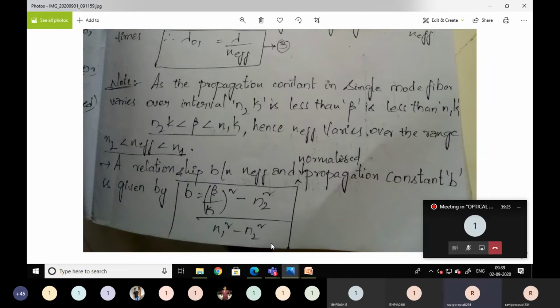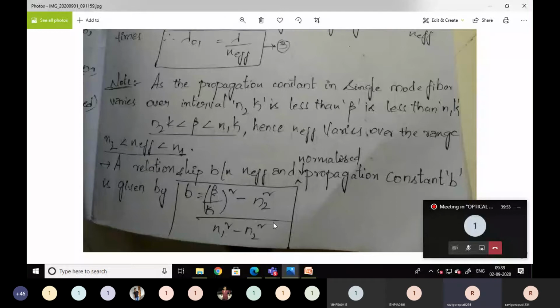Write down this formula, normalized propagation constant. Beta is 2 pi by lambda. Normalized propagation constant b is beta by k whole square minus N2 square by N1 square minus N2 square.